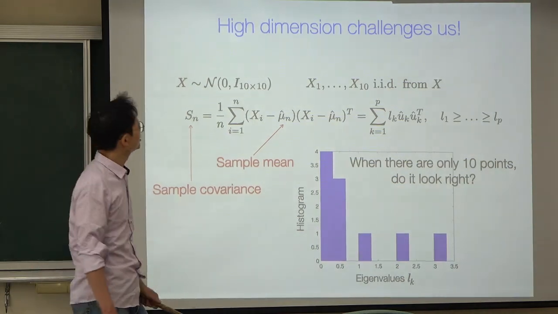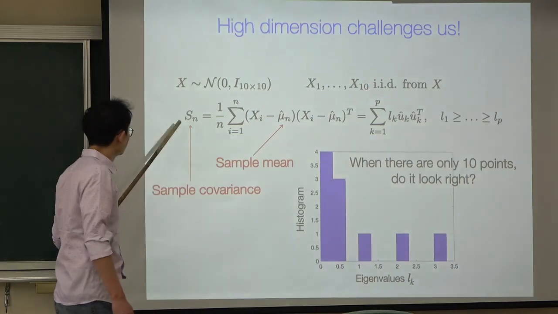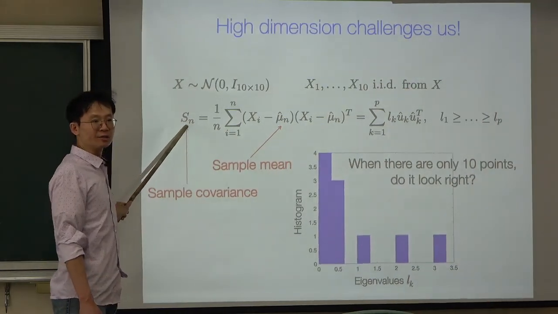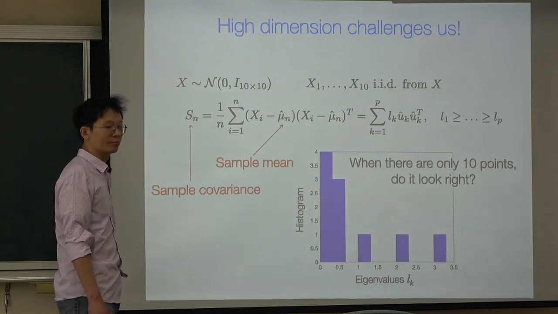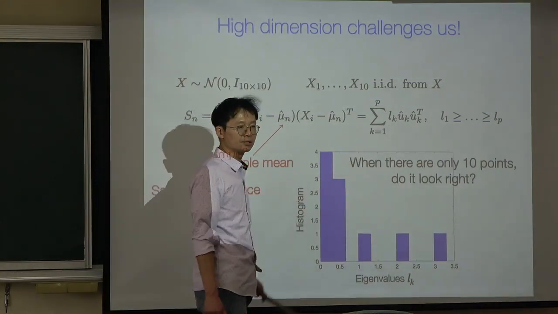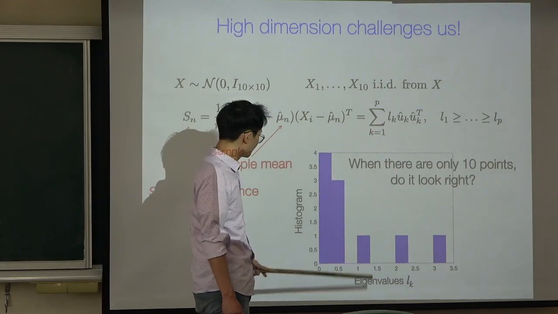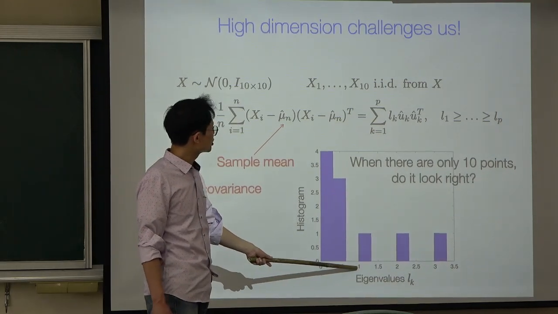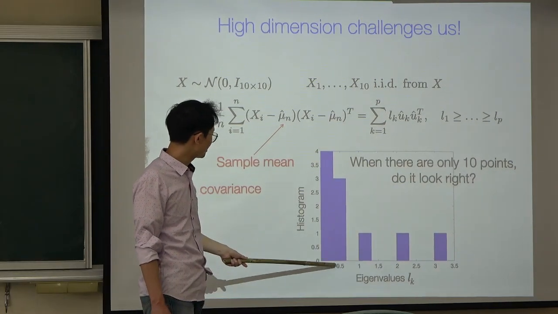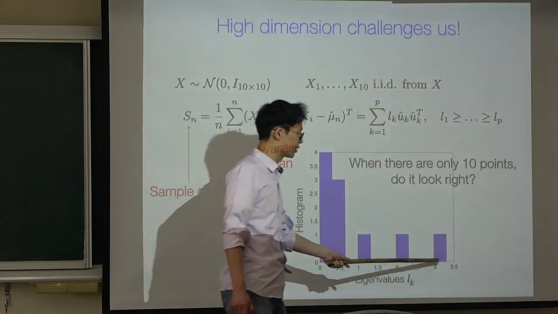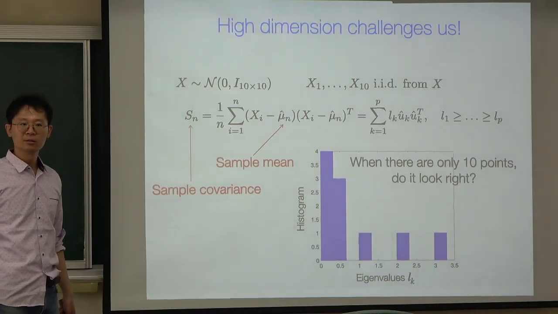But now, suppose we sample only 10 points, IID from X, and you estimate the covariance using the sample covariance. That is what you get. You evaluate the eigendecomposition, and this is the distribution of all eigenvalues. You see, 1 is what we expect. But really, we get many values that are close to 0 and even 3. What's going on? That looks weird, doesn't it?